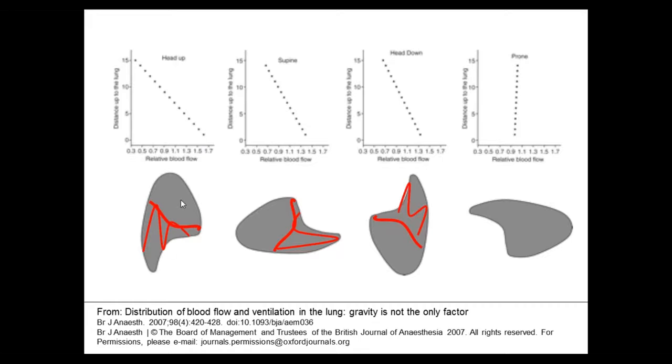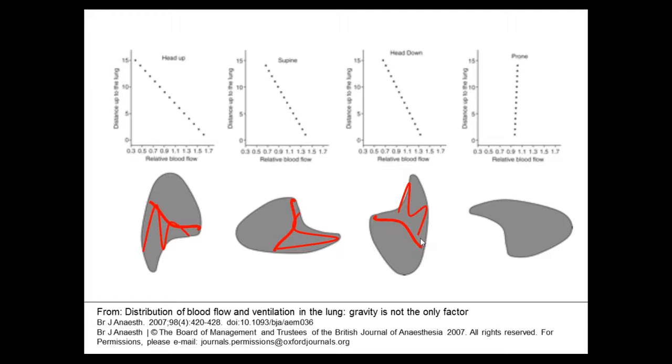So that's the upright position. When they changed the position to supine, there was no significant change. And more interestingly, when they put the animal head down with the bottom of the lung up, hanging the monkey by the legs, and measured the perfusion, it stayed the same.